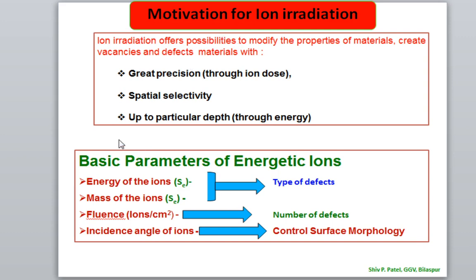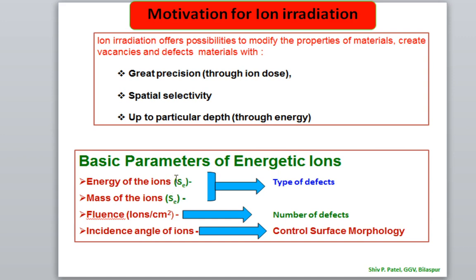If you note down, we know that the basic parameters of energetic ions are the energy of the ions and the mass of the ions. We have learned in previous lectures, during the interaction of ions with matter, that the energy of the ions basically changes the electronic energy loss. Both the energy of the ions and the mass of the ions control the electronic energy loss in the material.